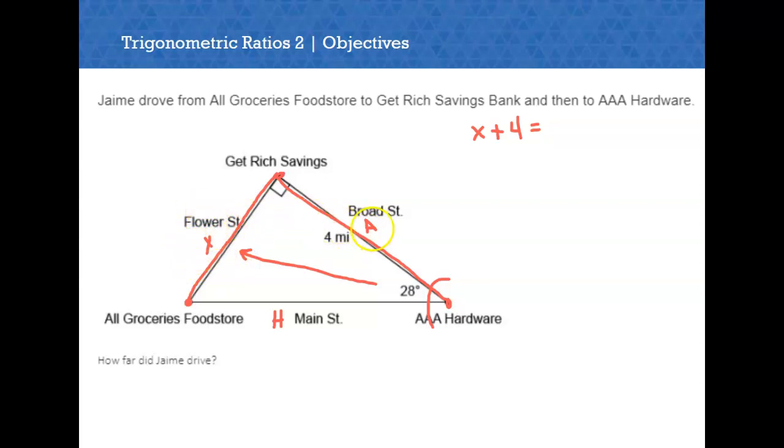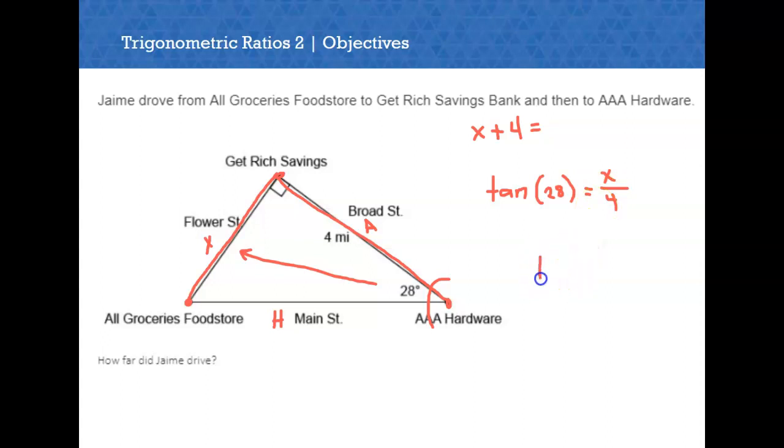Well, if I'm looking for adjacent and opposite, then tan is for my legs, and I'm going to use tan 28 is equal to opposite, which I don't know, over adjacent, which I do know is 4. Remember my saying, if x is high, multiply.